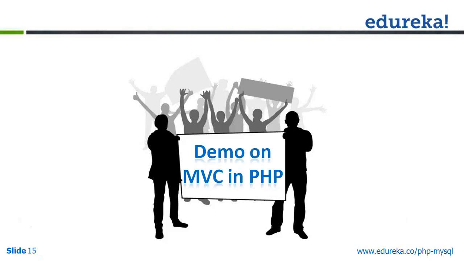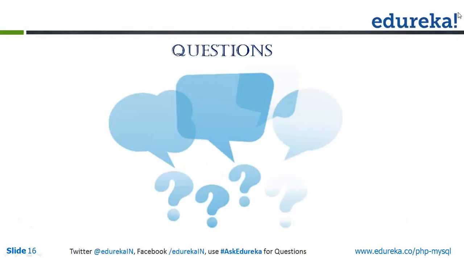The outcome of this webinar should be that you have a clear understanding of what is MVC, what is model. Forget about the application, that's only a demonstration I gave. What is model? What is view? What is controller? That's from my side, and you are always welcome to ask your queries. If I can solve them in this short span, I'll do that.